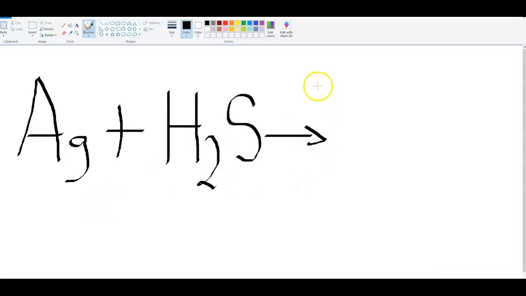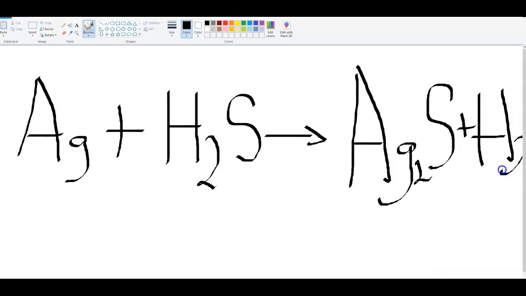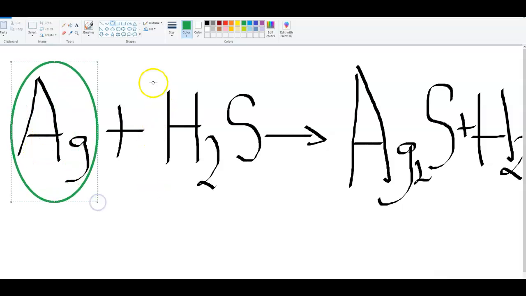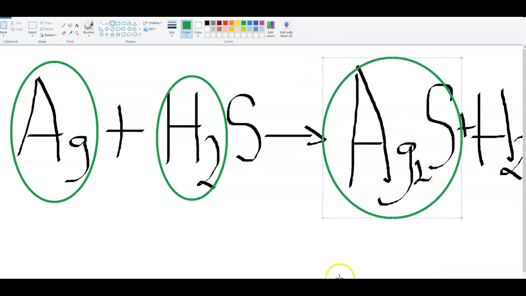So what's happening here is that Ag is going to react with this and replace hydrogen to give you Ag2S plus hydrogen gas.